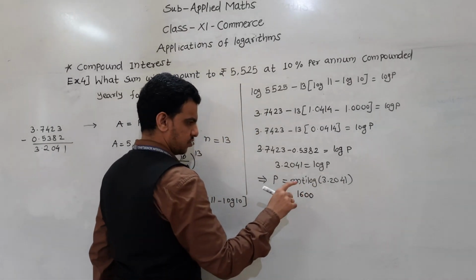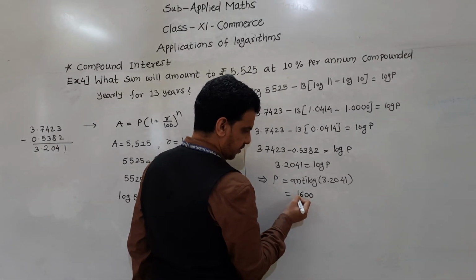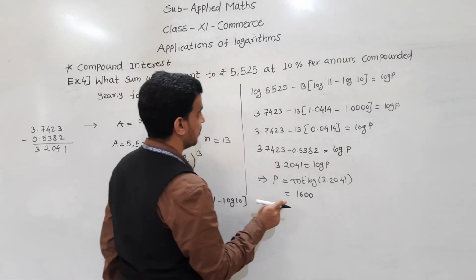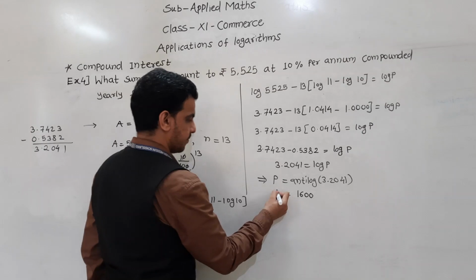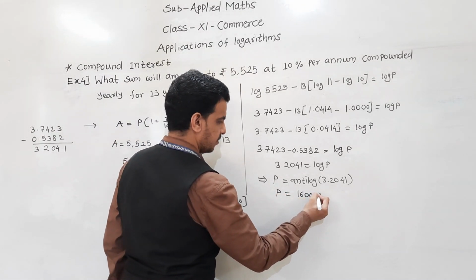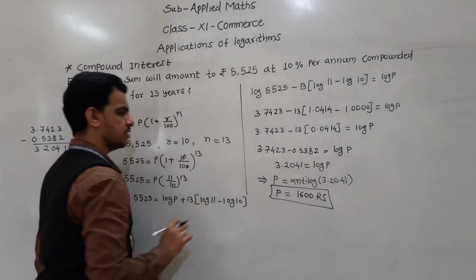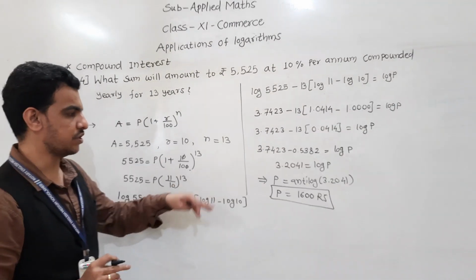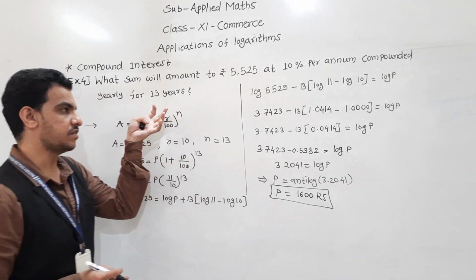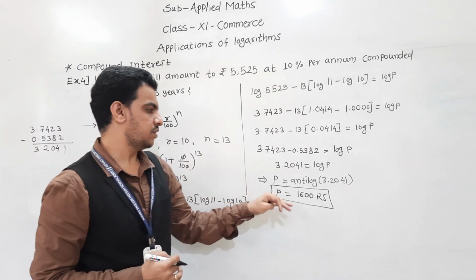Here characteristic is 3, so 3 plus 1 is 4, and keep decimal point after 4 places. So 1600 is the principal amount. We can write here 1600 rupees. So principal is 1600 rupees, which gives amount rupees 5525 at 10% per annum, compounded yearly for 13 years. Okay, understand this.